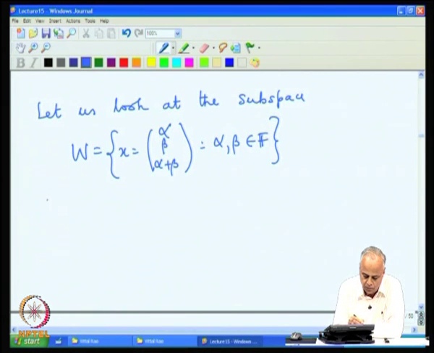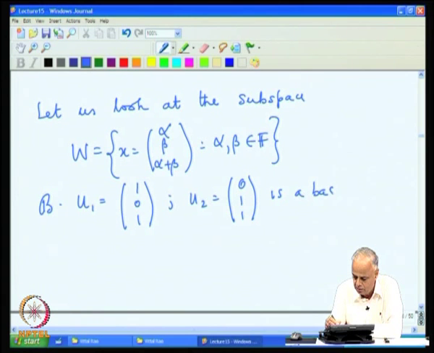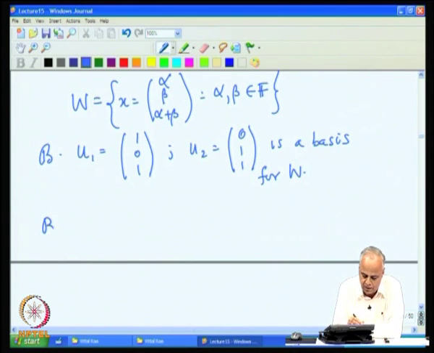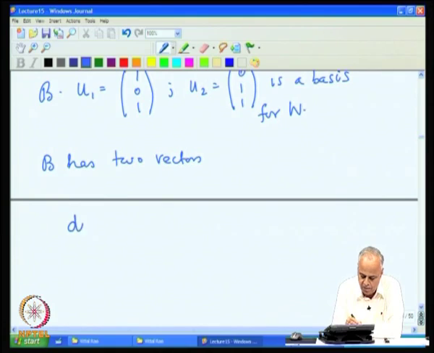Now, we know that B consisting of these vectors u1 = (1, 0, 1), u2 = (0, 1, 1) is a basis for W, and B has 2 vectors in it, and hence dimension of W is 2.